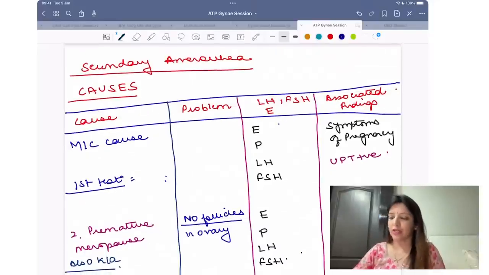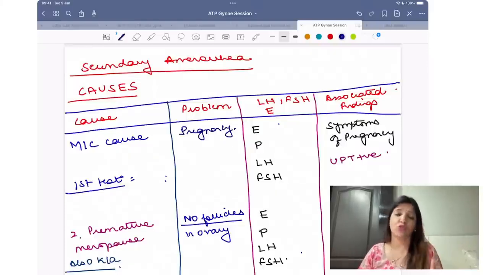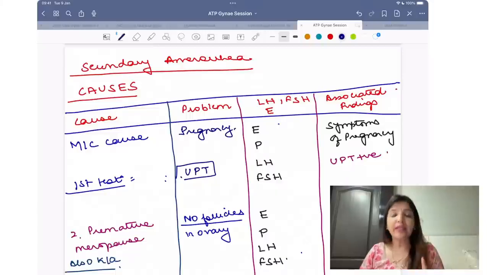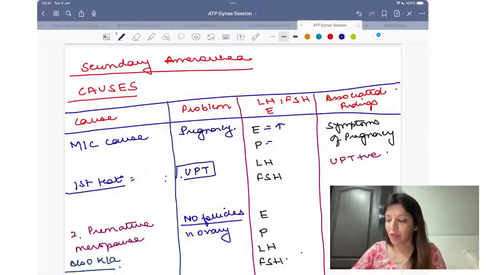In secondary amenorrhea, the most common cause is pregnancy. That is why the first test which you have to do whenever there is a patient coming to you with secondary amenorrhea is urine pregnancy test. In case of pregnancy, placenta is forming estrogen, so estrogen is increased.